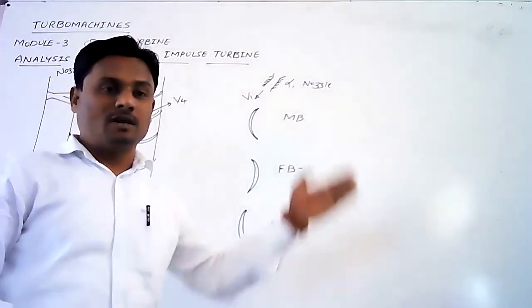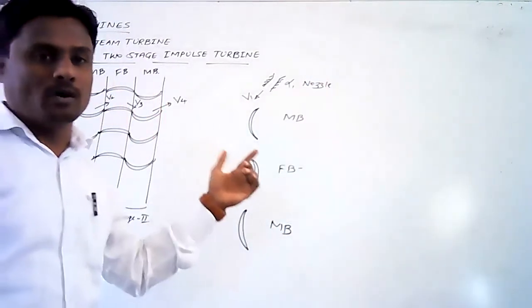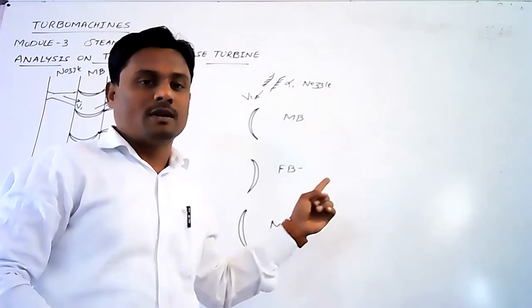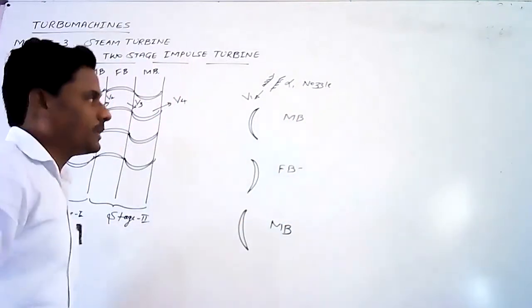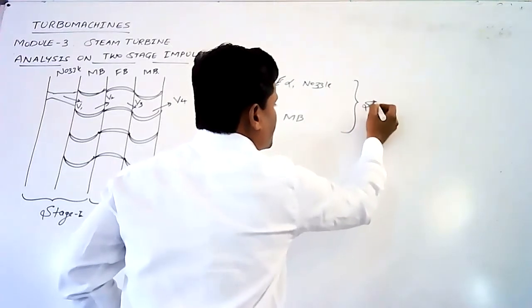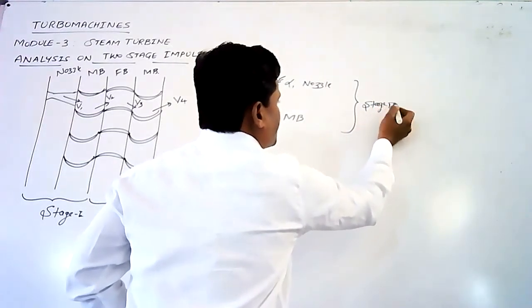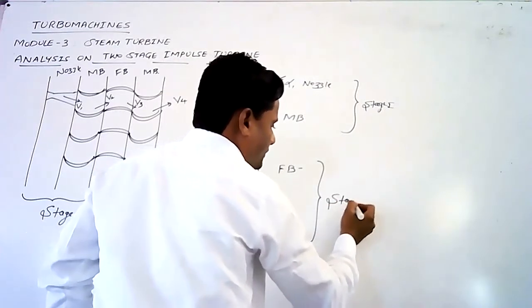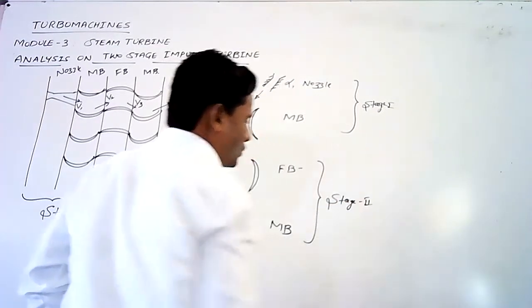So I have considered one component or one blade from each row. First nozzle, next moving blades, next fixed blades, lastly moving blade. So these two rows together constitute stage 1, and these two rows together constitute stage 2. This is stage 2 here.